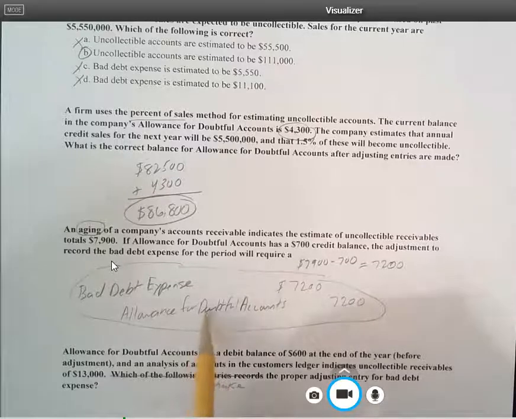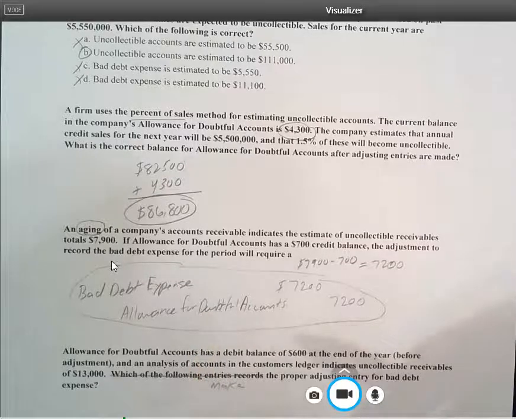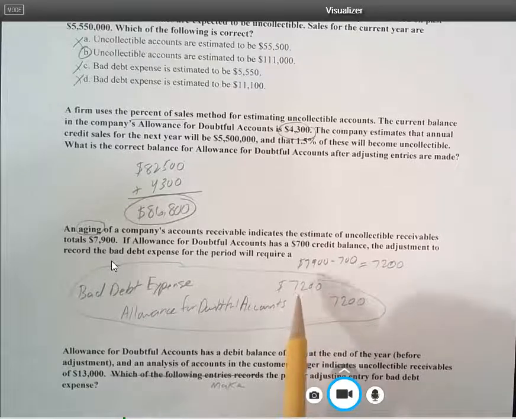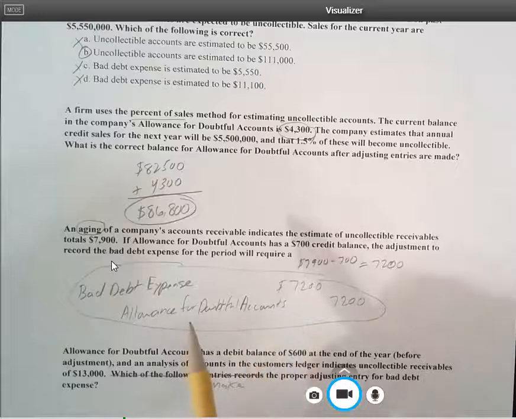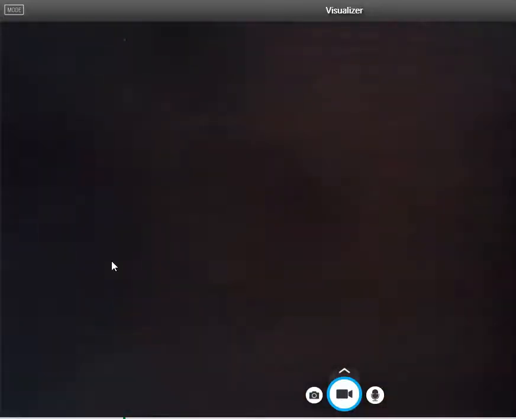If this was the percent of sales method, well, our balance would be $8,600, and our journal entry here would just be $7,900. But that's not what we're dealing with. We're talking about an analysis method, so the answer changes.